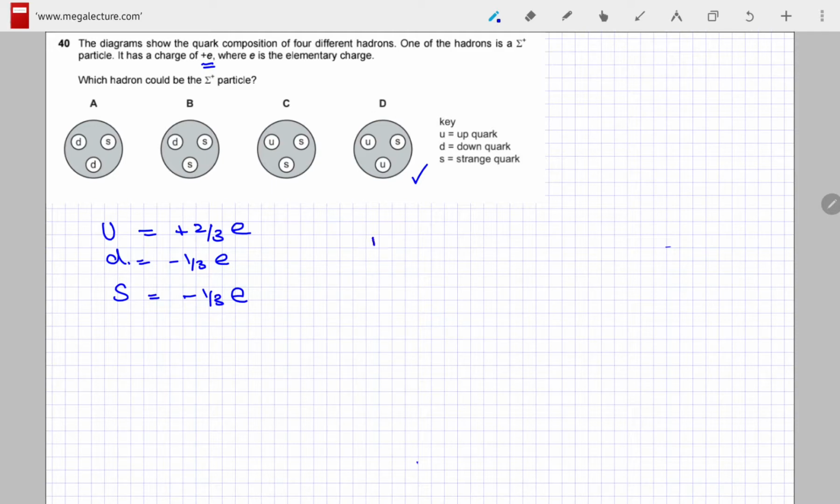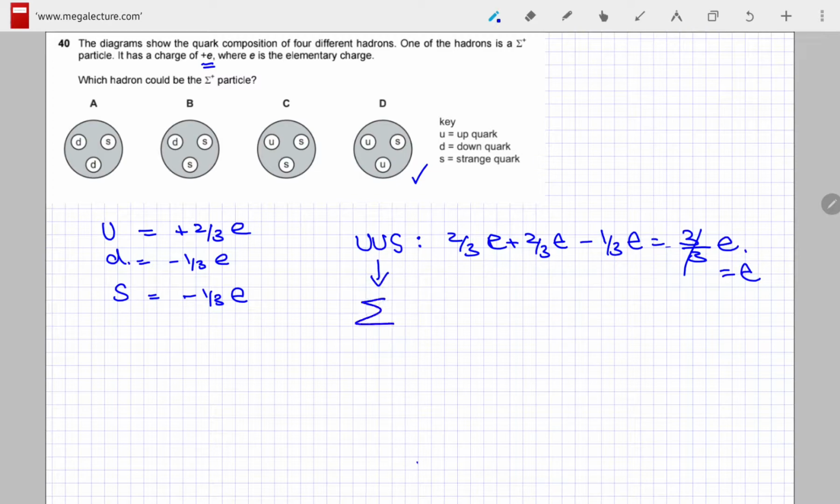You have UUS, so that's 2 by 3 e plus 2 by 3 e minus 1 by 3 e. This gives me 3 by 3 e, which is equal to e. So this has the elementary charge e, and therefore this UUS could be the sigma plus particle. So the correct option would be option number D.